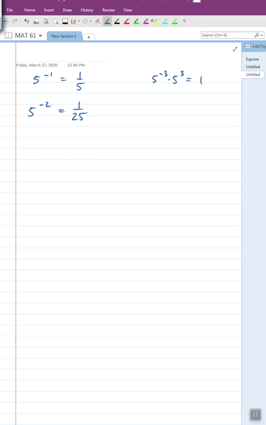And I know 5 cubed is 125. So this would be 5 to the negative 3 times 125 equals 1. If you divided both sides of that equation by 125, then what's 5 to the negative 3? It's 1/125.